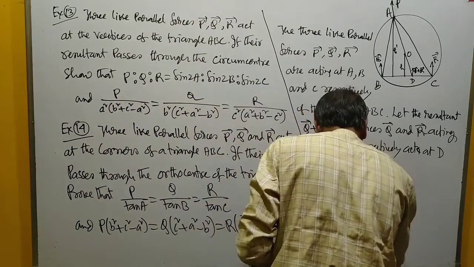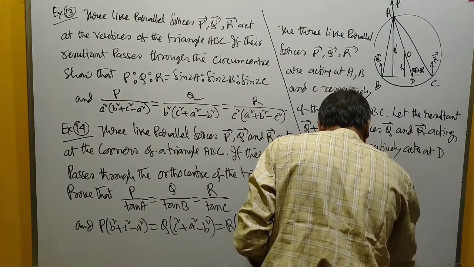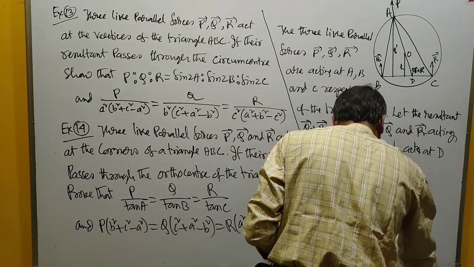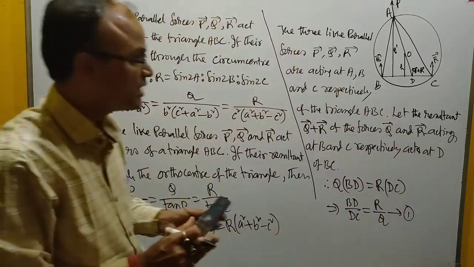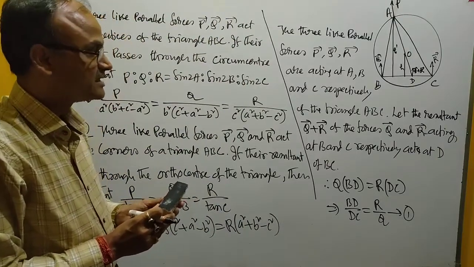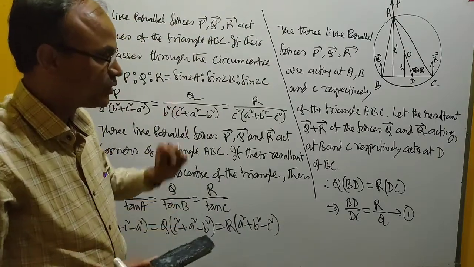This means that BD by DC equal to R by Q. Suppose this is number 1. BD by DC equal to R by Q. This is number 1.